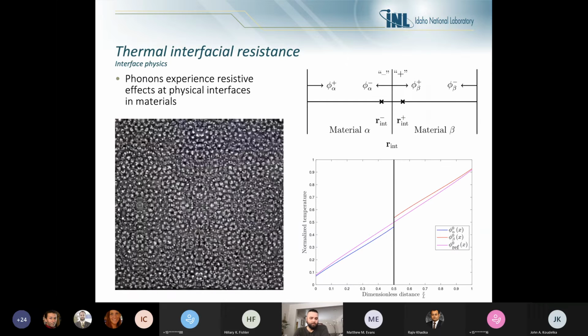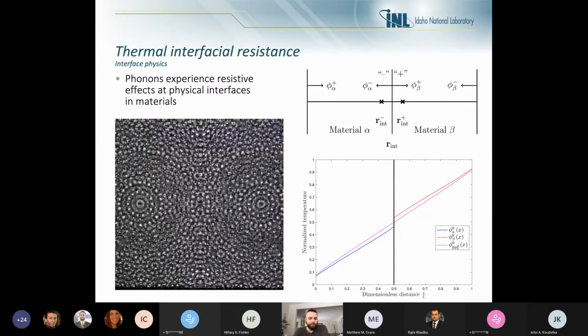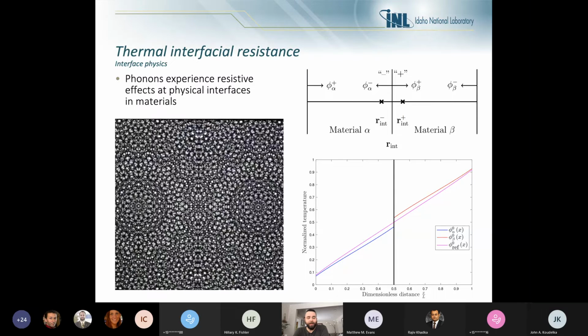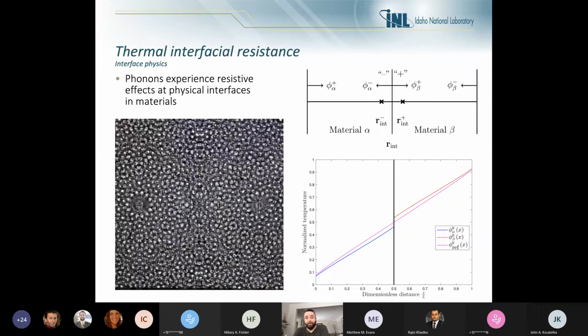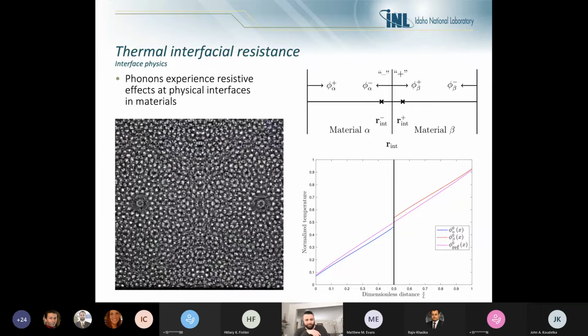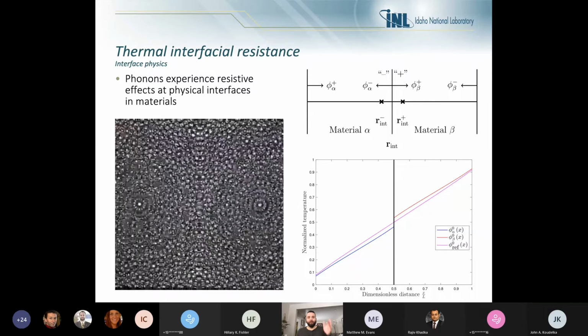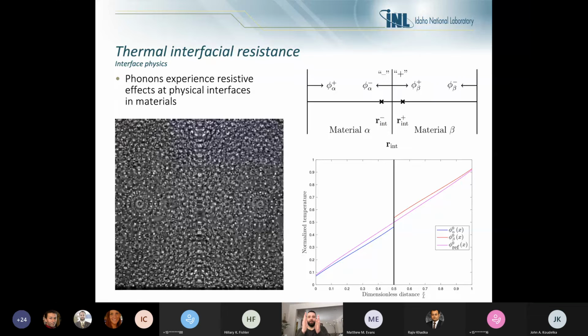So one thing I want to get into that's really important, and it's a phenomenon that every material has, is something called thermal interfacial resistance. So if you think about the inside of a material, let's say you have a block of copper and silicon sitting next to each other.